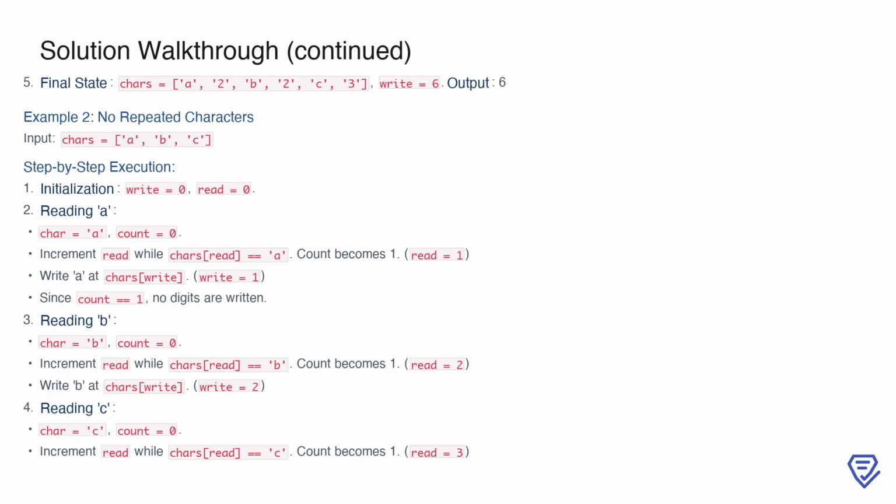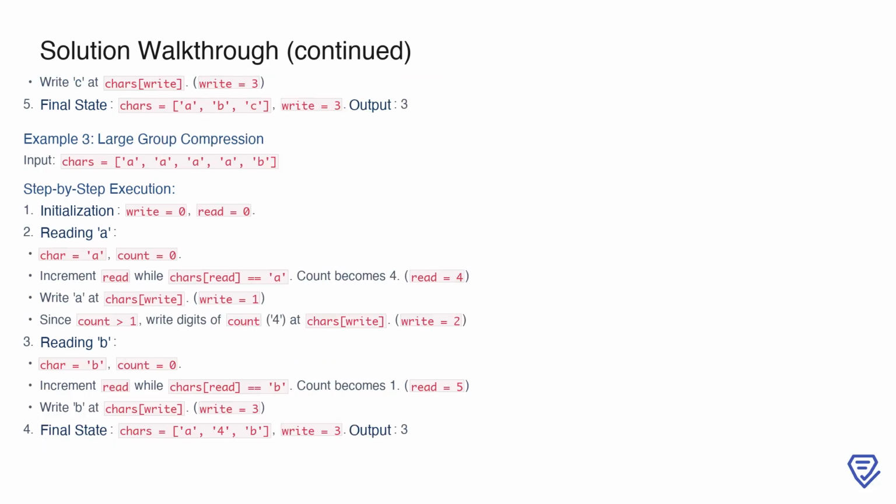The same steps are applied to the last character, C, where we write it to the array and finalize write at position 3. In this case, no digits are written because there are no groups of repeated characters. The final state of the array for example 2 is A, B, C, with write equal to 3, which represents the compressed length of the string.